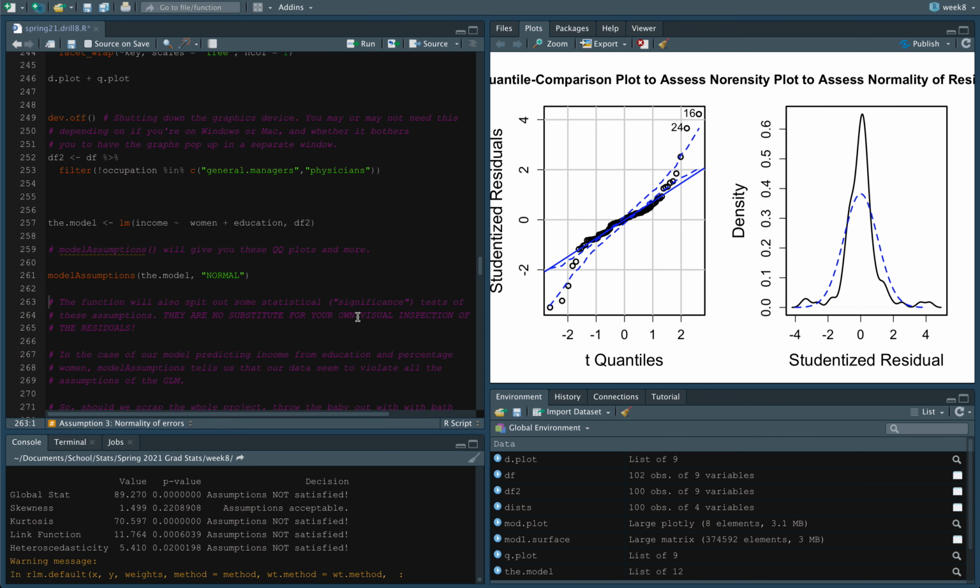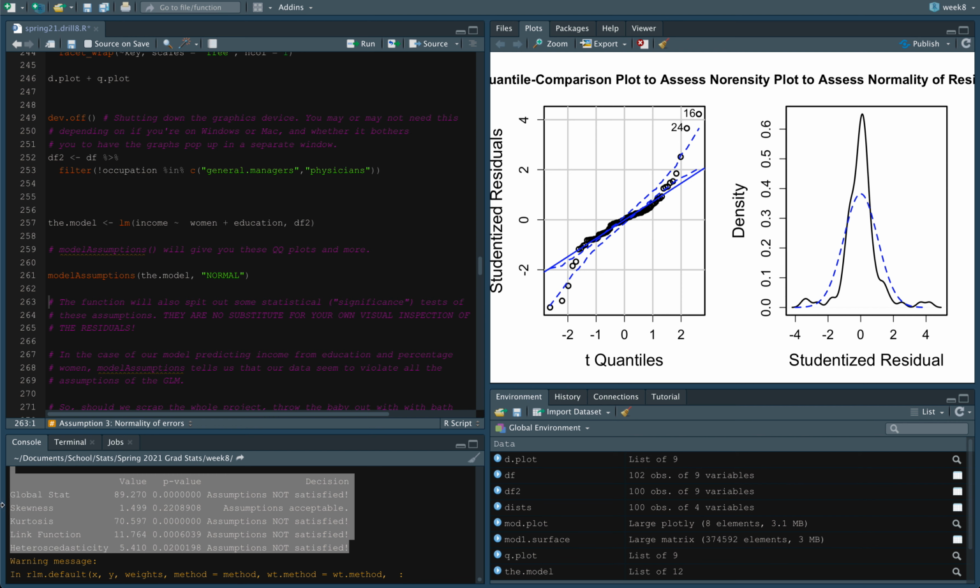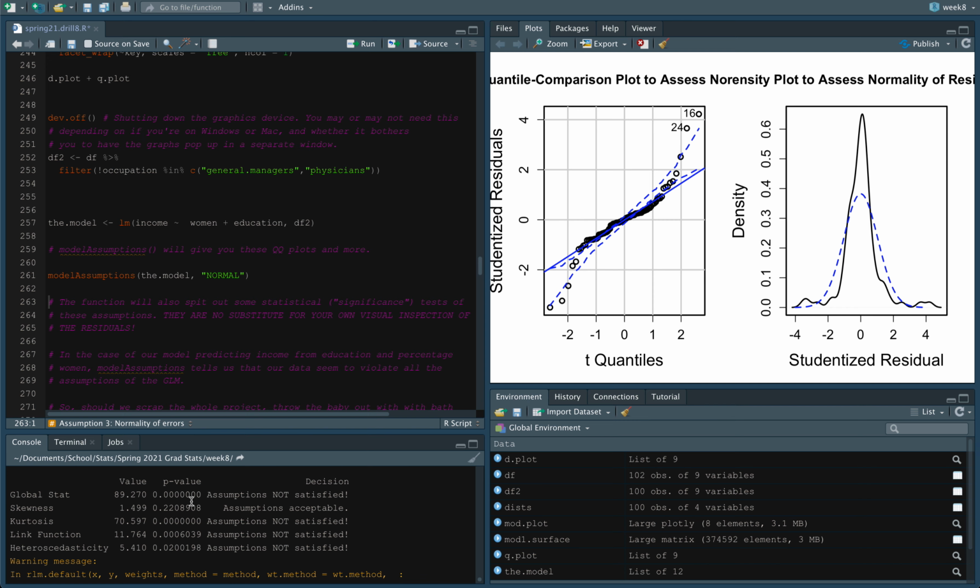But again, you can't take this as the biblical truth. You still have to look at these things, because the tests that these p-values are tied to are not asking whether the heteroscedasticity is problematic, or whether it's close to zero.